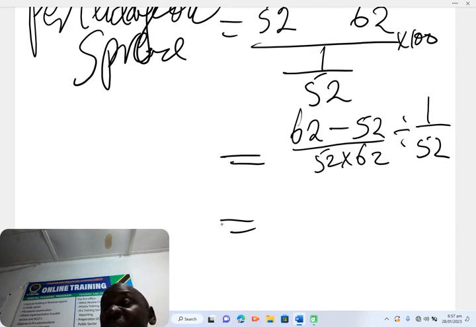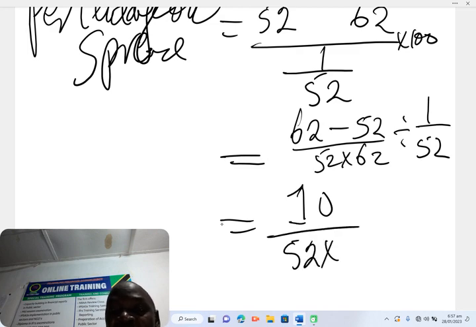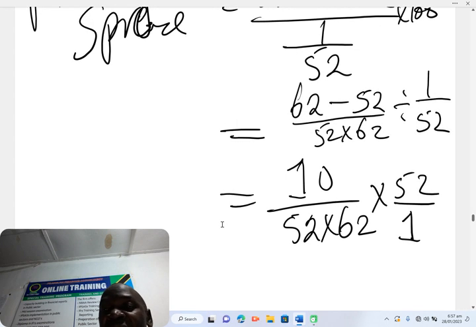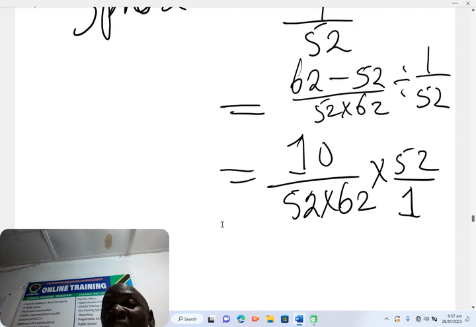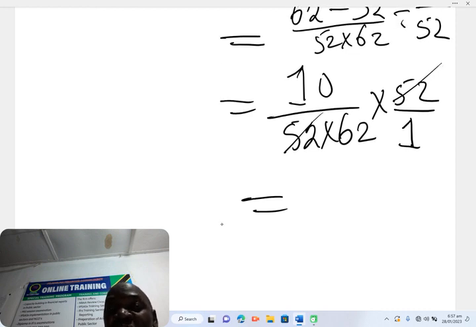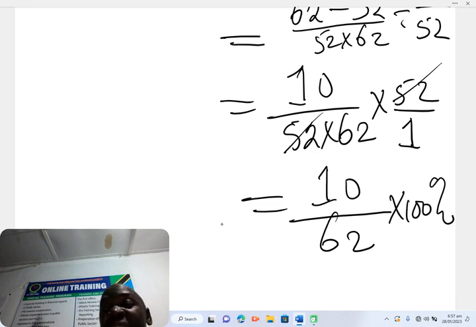How much do you get? 10. So 10 divided by 52 times 62 times 52 over 1. Next, it is easy to see that this number and this number cancel. So we have 10 divided by 62, remember, times 100%.